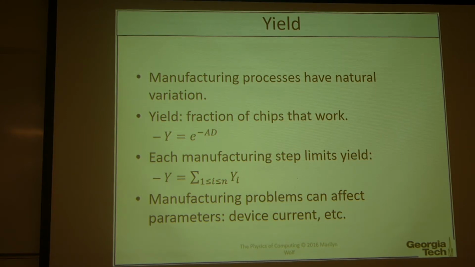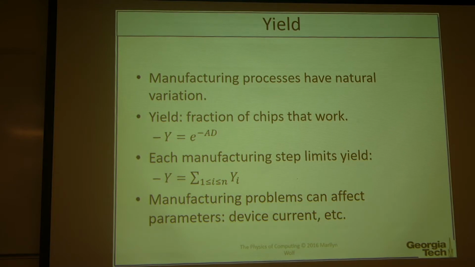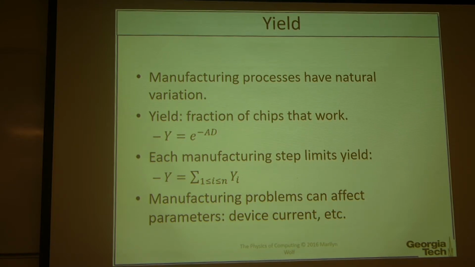So lastly, the CMOS industry does not want to fail many transistors when they are making the chips, because they have to get the maximum profit from their work. So we have a figure of merit in this case, which is called yield, which means the fraction of chips that properly work.